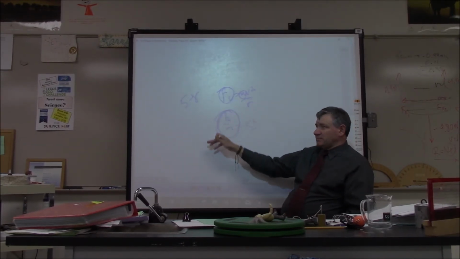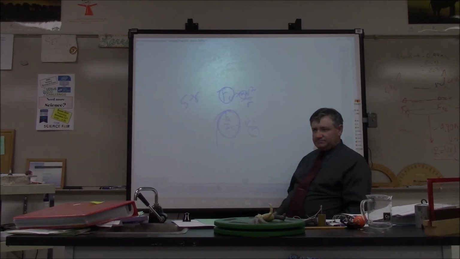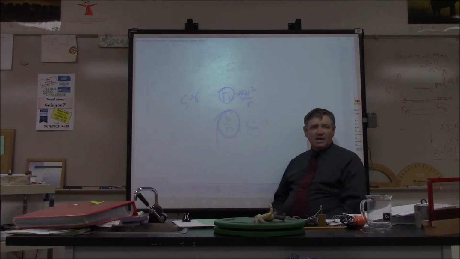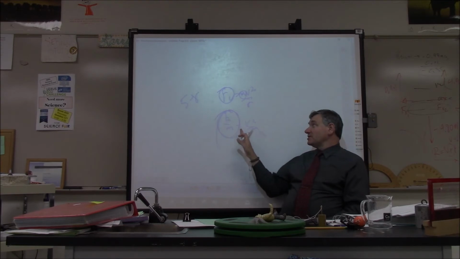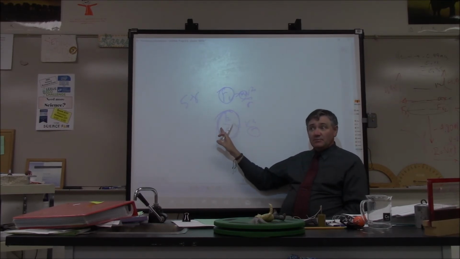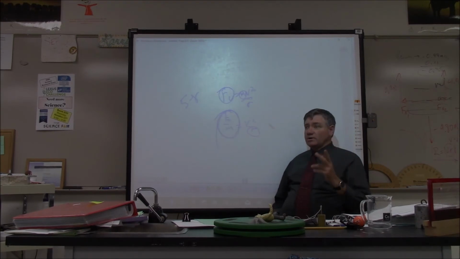So here's the point. This whole thing is going to be a constant. So as the radius gets bigger, what has to happen to the velocity? It's going to have to be bigger, because I have to produce the same number over here, right? But is it going to increase in a 1-to-1 ratio? Why not?